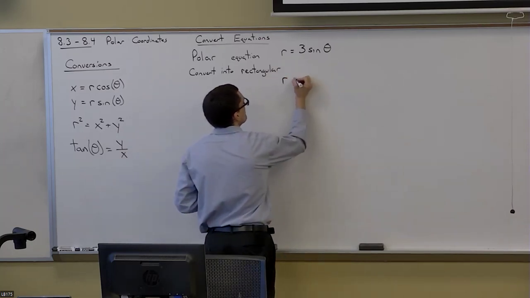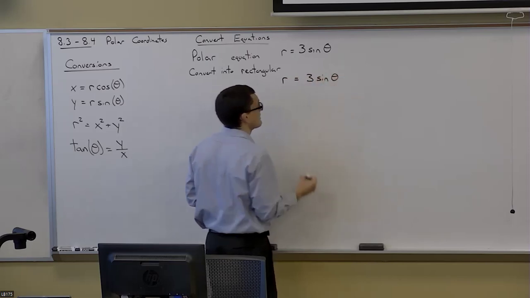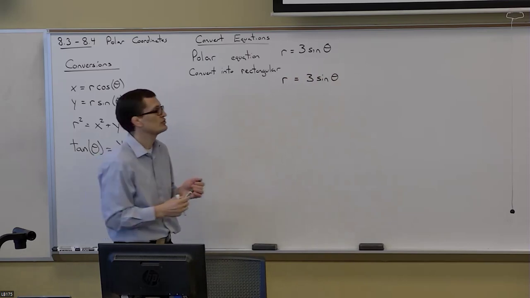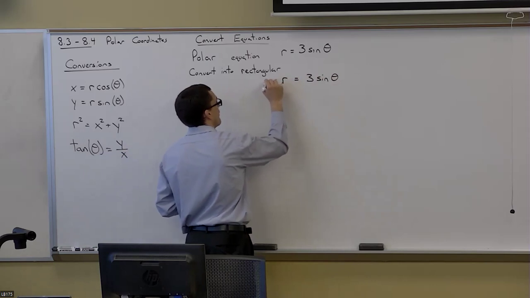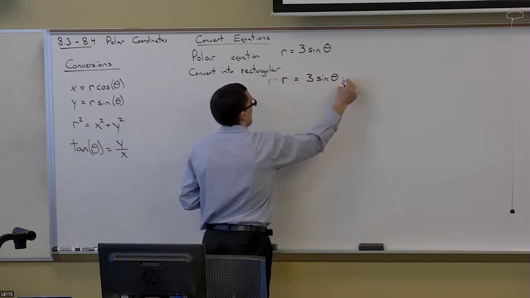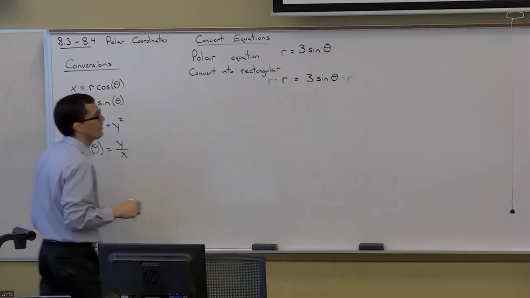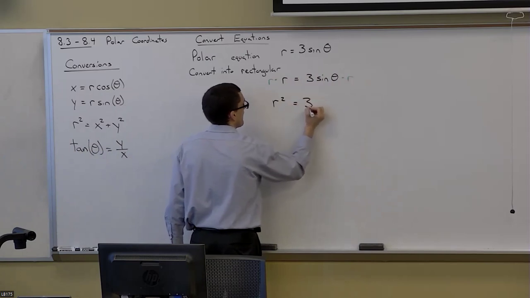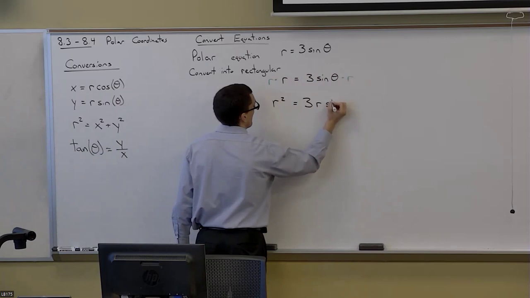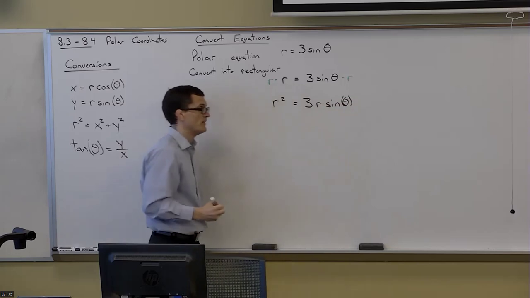So the trick for this one, because I like r sine theta, I'm actually going to multiply both sides by an r. What that's going to give me on the left-hand side is r squared. And on the right-hand side, I'm going to rewrite that as r times sine theta.